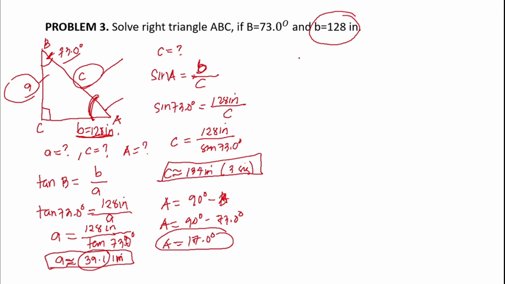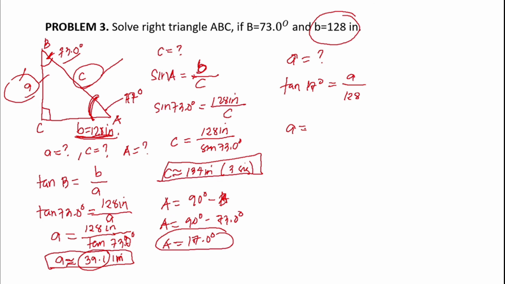To solve for a here, let's start with a. So this is 17 degrees. To solve for a, we'll make use of tangent because this is opposite over the adjacent. So tangent 17 degrees is equal to the opposite a over 128 inches.